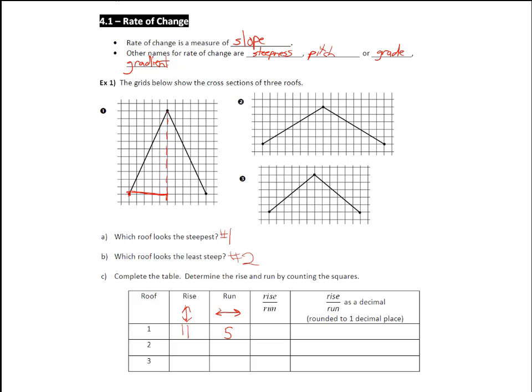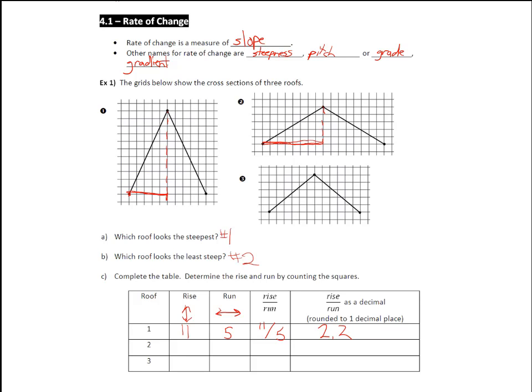So for the rise over run, you're just going to punch the numbers into your fraction. We get 11 over 5. As a decimal, this looks like 2.2, and you do that by putting 11 divided by 5, and that'll give you your decimal. For roof 2, I'll do another dashed line as we go down here, and then a solid line for the horizontal. What's our rise?